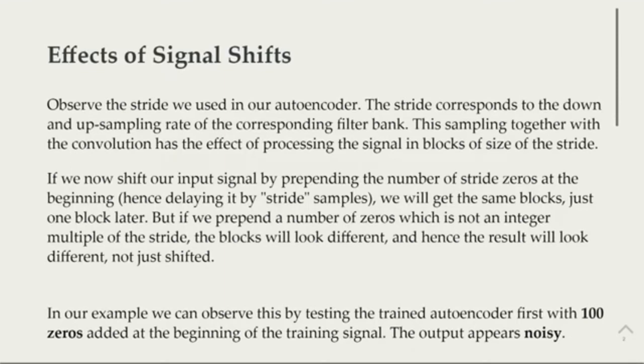If we shift our input signal by prepending a number of stride zeros at the beginning, hence delaying it by stride samples, we will get the same blocks just one block later. On the other hand, if we prepend a number of zeros which is not an integer multiple of the stride, the blocks will look different, and hence the result will look different, not just shifted.